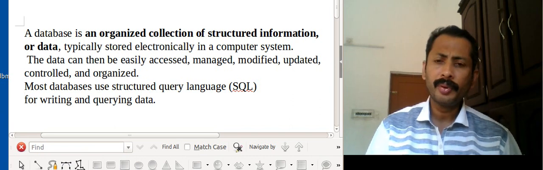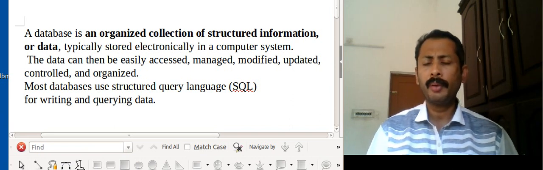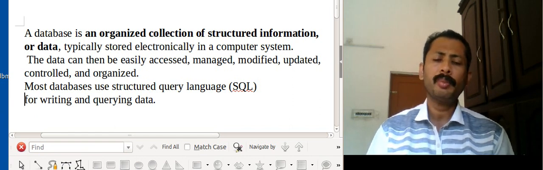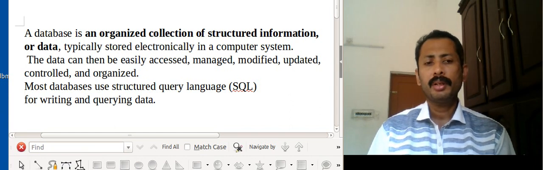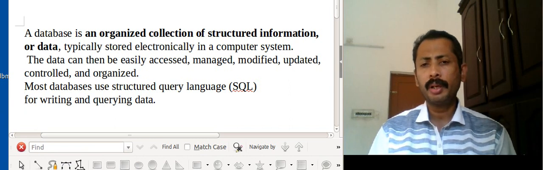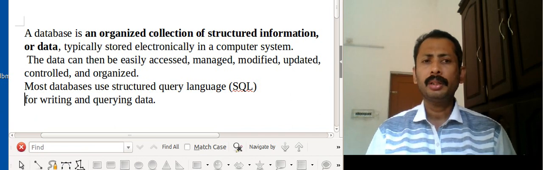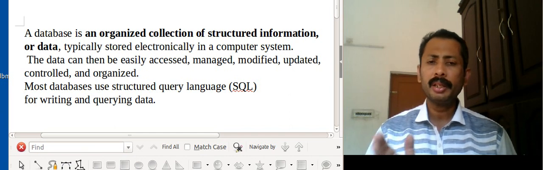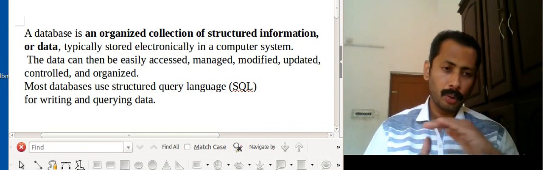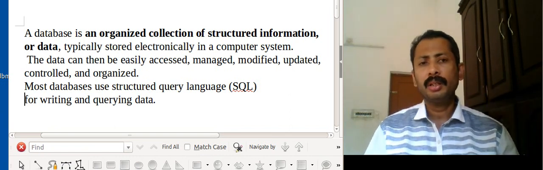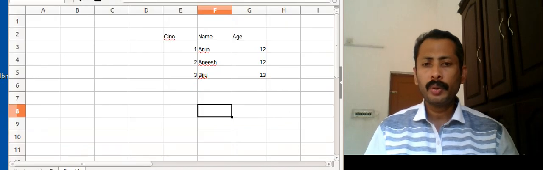The simple example for a table is, I want to store the information of the students' class number, name and age. So what we will be doing, we will be taking a paper and drawing a table: class number, name and age. I will be having 3 columns, and in each row I will be writing details of students.